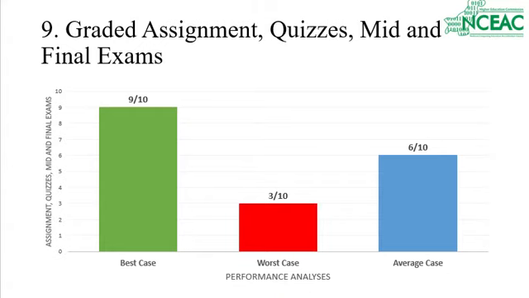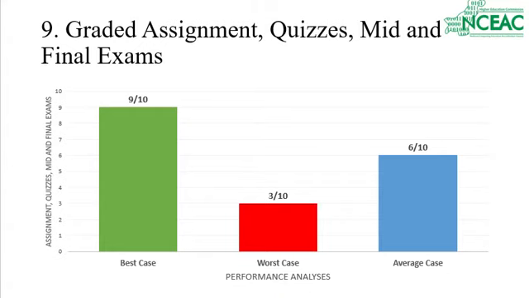For example, in any assignment, the student who got the highest marks got 9 out of 10, and in the same assignment, another student who got the lowest marks got 3 out of 10, which you manage as the worst case.